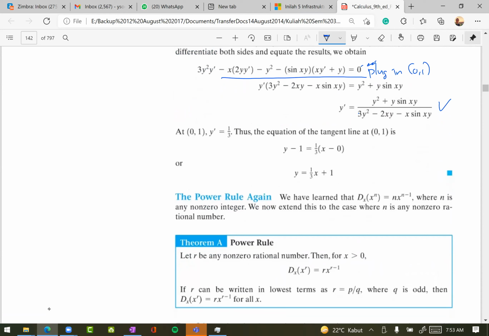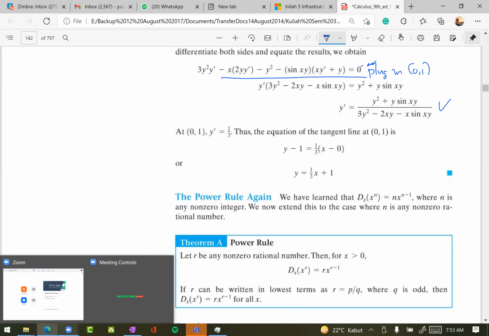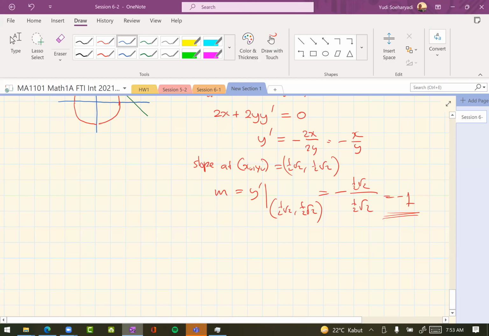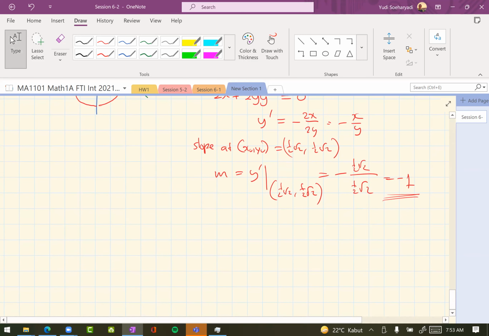All right. So the last one is this one before we take a break. Can you see the OneNote again? Yes, sir. All right. So this is what we call the power rule, rational power.